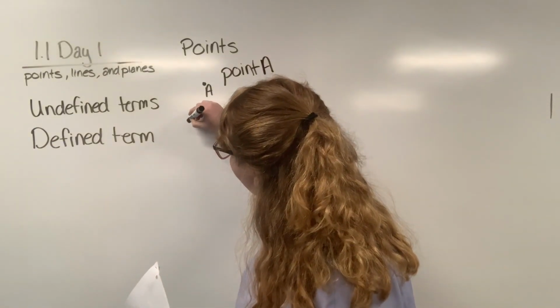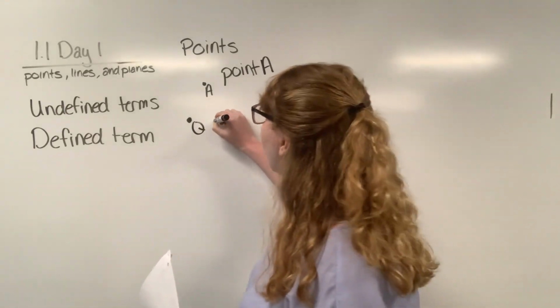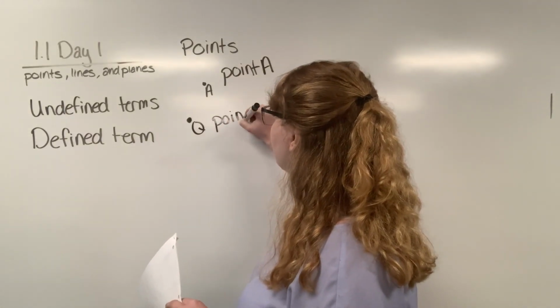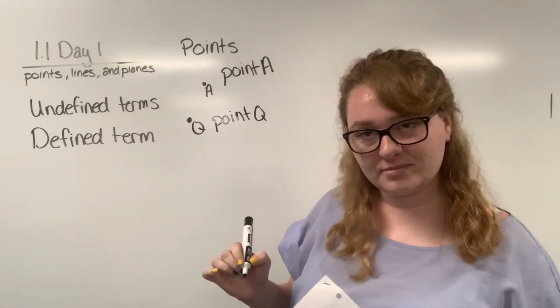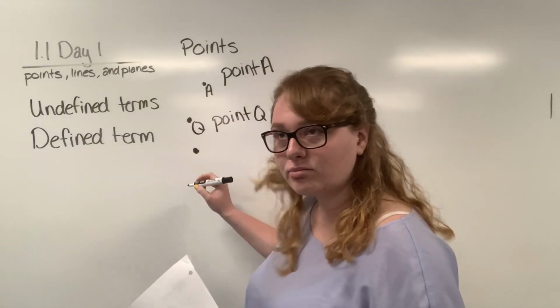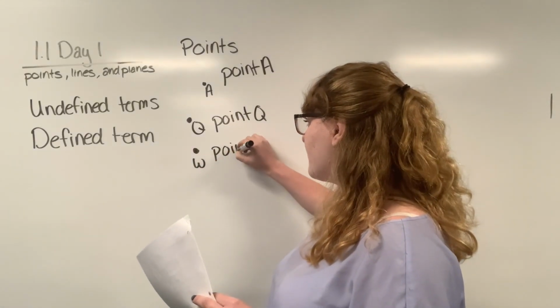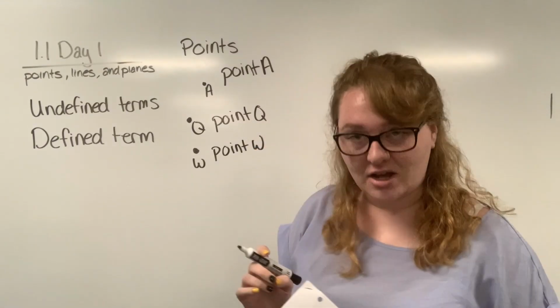If I have another point right here and it is labeled like that, a Q, this one would be point Q. If I have a third point, W, this would be point W.